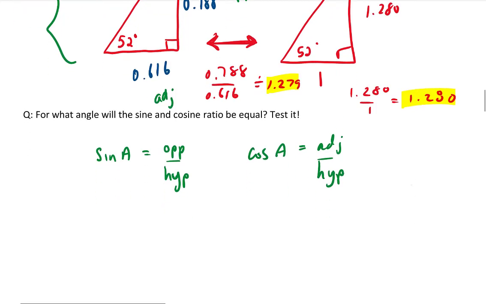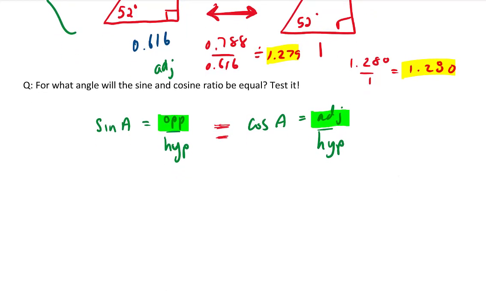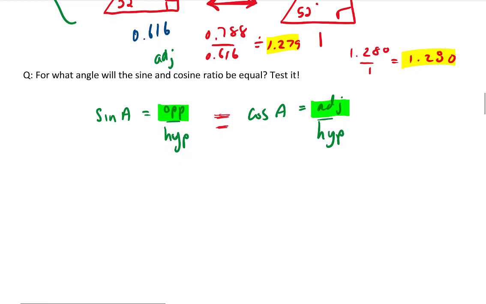So the question is asking, when will the cosine and the sine be equal? If you look closely, since they share the hypotenuse as part of their equation, the only time they'll be equal is when the opposite side is equal to the adjacent side, or when you have an isosceles right triangle.